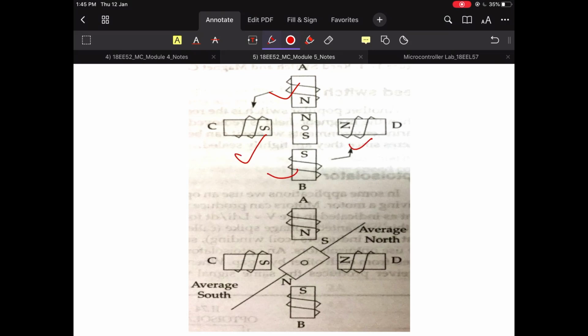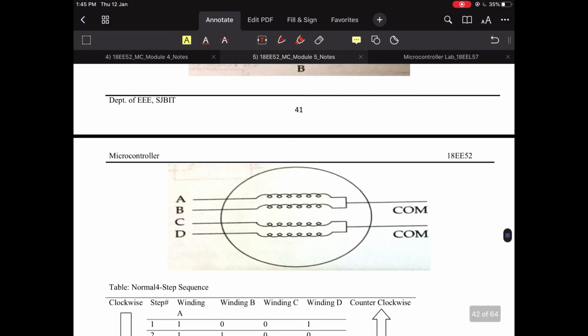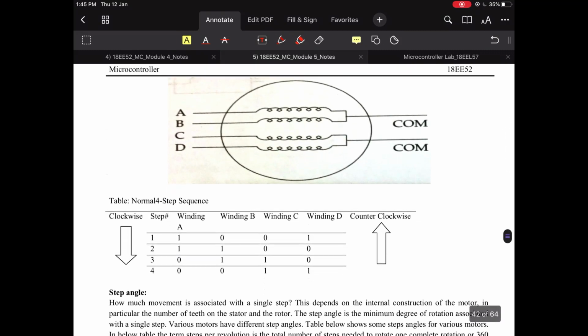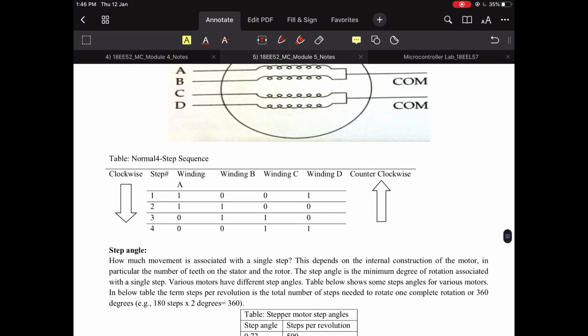We have a rotor part also here. We have to rotate the motor in clockwise or anticlockwise direction, so I am writing the sequence like this.